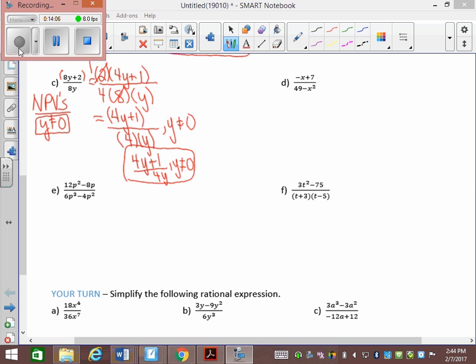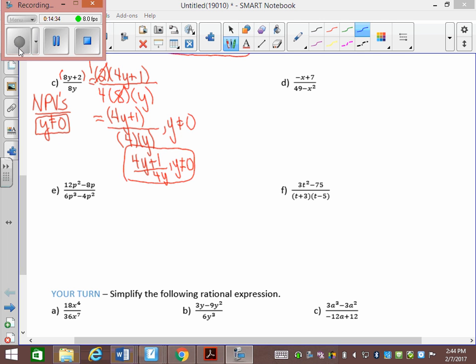With D, there's 2 ways we can look at this. I like looking at it having a positive x, but it doesn't really matter if you leave it like this. What does matter is that the denominator, when you do difference of squares, is going to be a 7 in the front of the brackets and an x in the back of the brackets, because it's 49 and negative x squared, right?